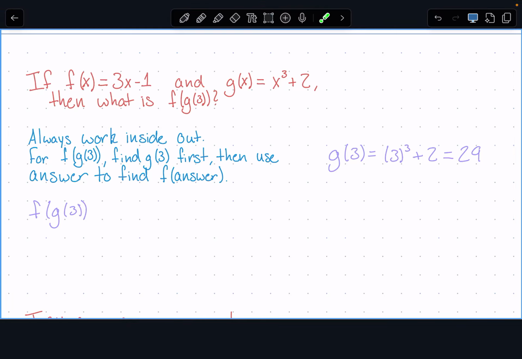Okay, now that we have found g of 3, we are going to find f of g of 3. That just means taking this answer, and that's what we're going to plug in for x in our f of x function. So now I'm going to find f of 29. So I have 3 times 29 minus 1.